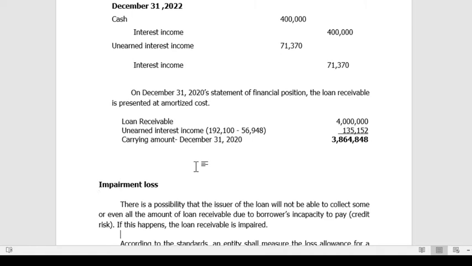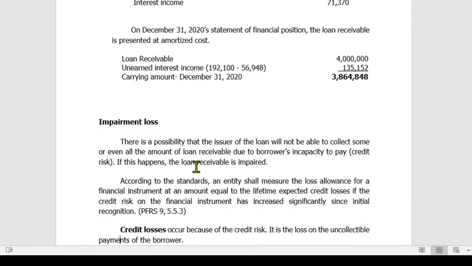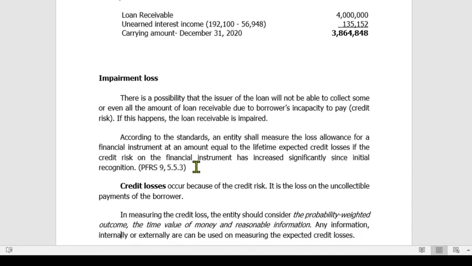Okay, now let's go with the impairment loss. So what is the logic? Itong tinatawag na impairment loss. So the basic concept lang naman ng impairment loss is that kung magkano yung carrying amount na nasa iyong balance sheet ay hindi na yon yung kanyang recoverable amount. So, ano sinasabi under the impairment loss?